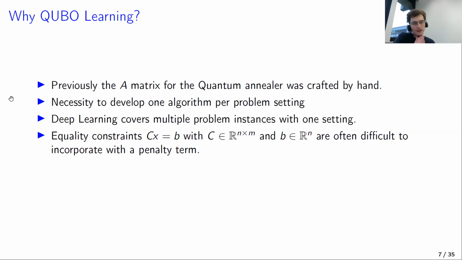Another motivation could be the following. In general, one often encounters equality constraints, Cx equals b. The usual straightforward way to implement them would be with a penalty term, and then you would have to fine tune this penalty parameter. This could be a little bit difficult.